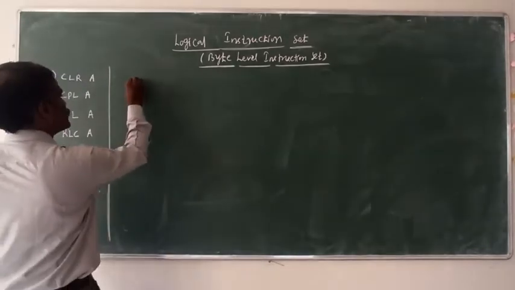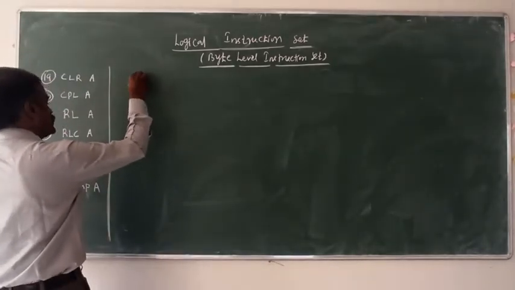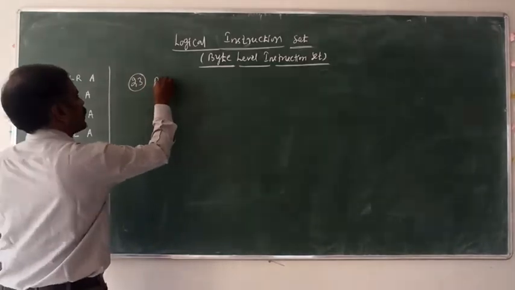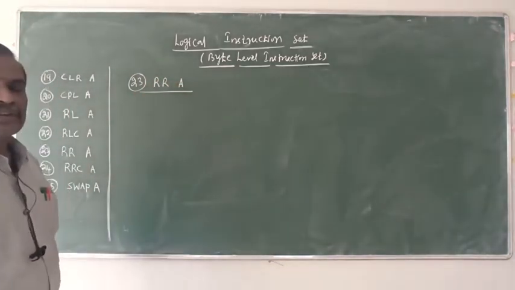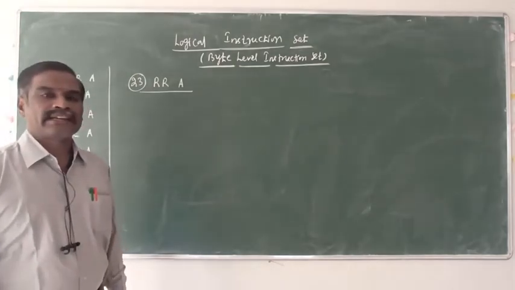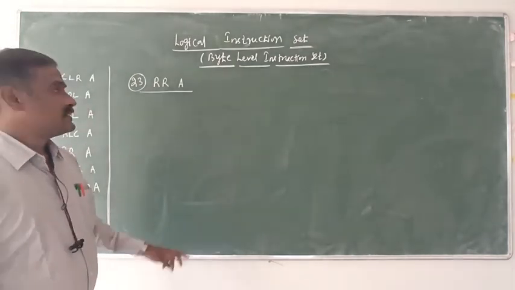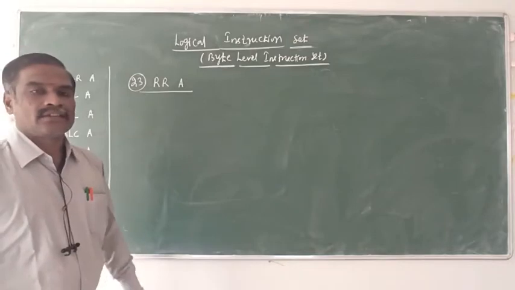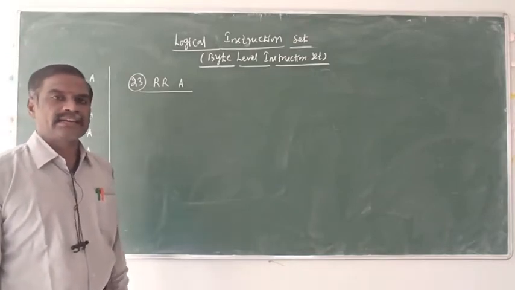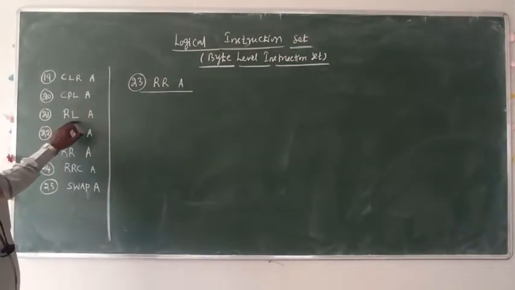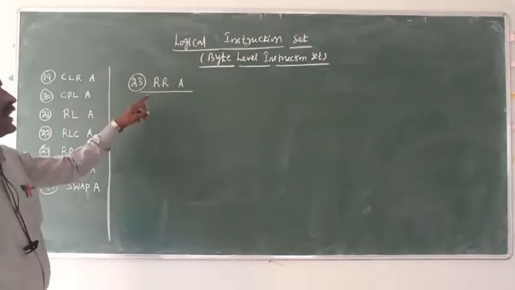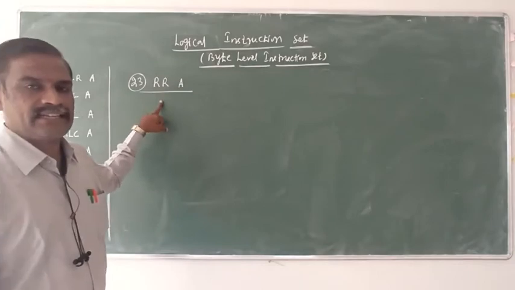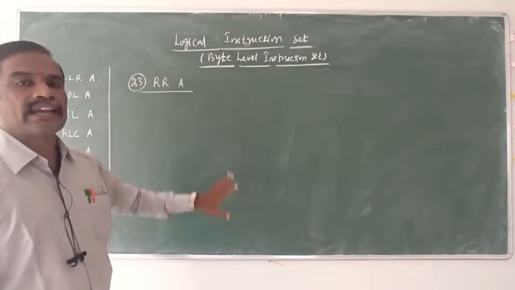Next, 23rd instruction RR A. RR A means rotate accumulator content right without carry. RL A means rotate accumulator content left without carry, and this is for rotate accumulator content right without carry.